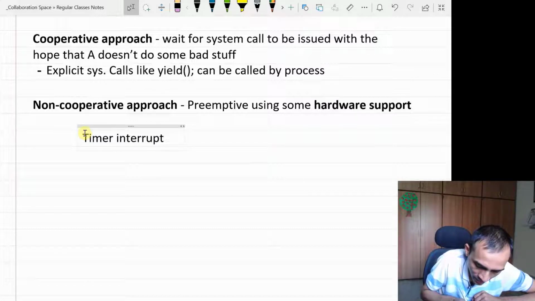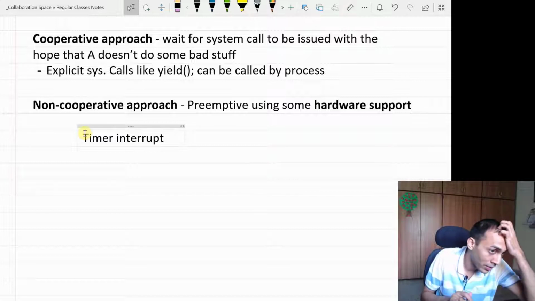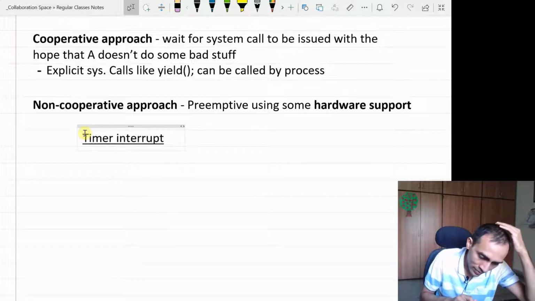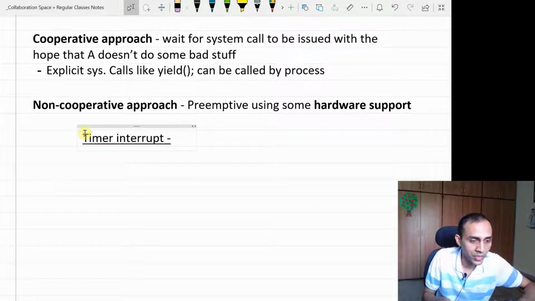There is a timer built into the system hardware which goes off after every few milliseconds, and it issues an interrupt after every few milliseconds, whatever time it's set.